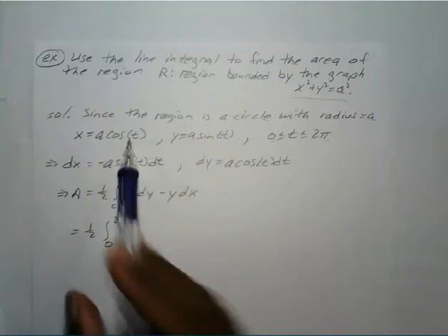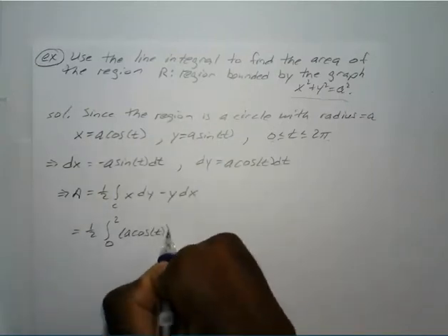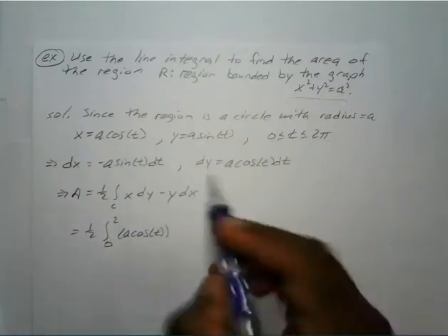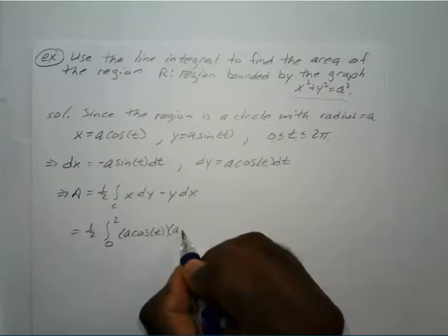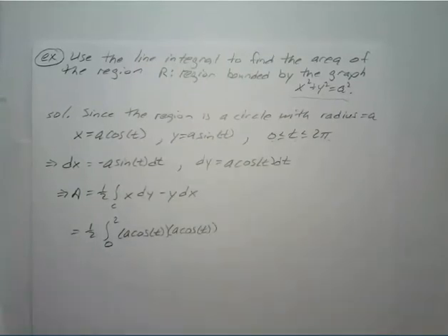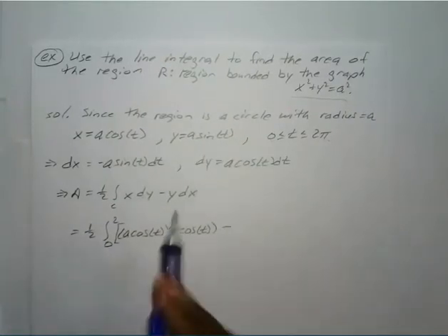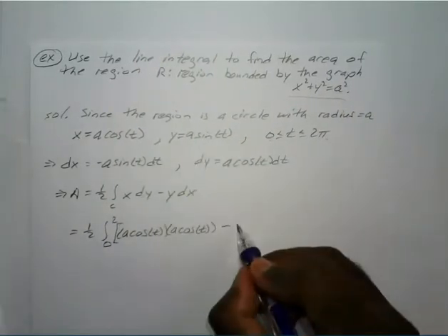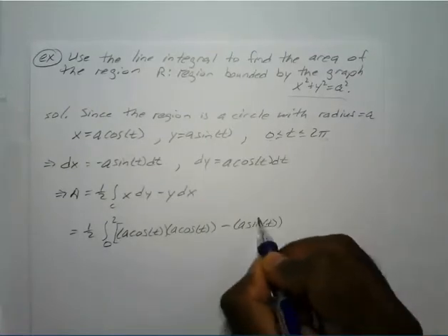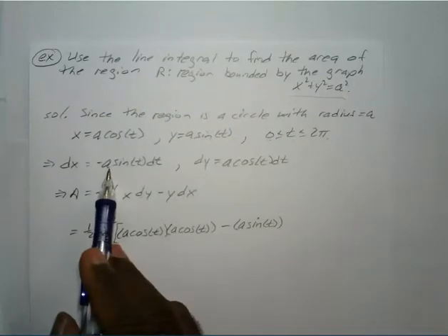We have a cosine of t for our x, and our dy is a cosine of t dt, or just a cosine of t. I'll put the dt on the end. Minus y, which is a sine of t, times dx, which is negative a sine of t.